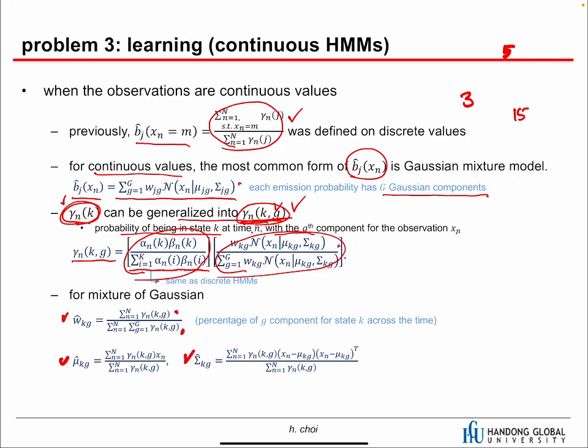This term means that among all the possible components, what is the ratio of this specific component g? Here we have a sum over all the components, and here we have just the g. The mu and sigma parameters are exactly the same as in the EM algorithm for the Gaussian mixture model, so we just update these parameters.